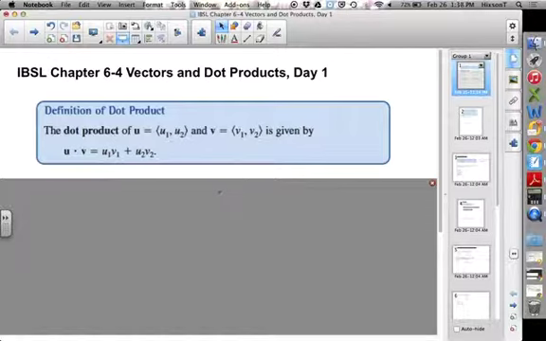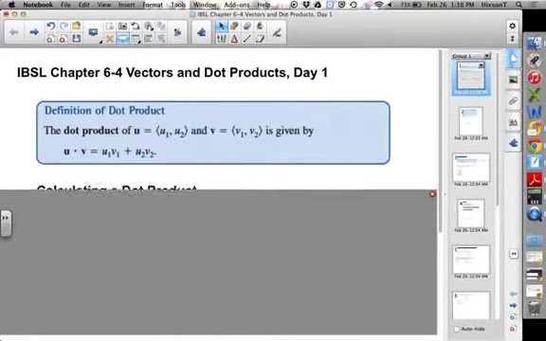It's kind of like when you did vector addition: you added the x components, you added the y components, but you end up with a vector. But here, you're multiplying the horizontal components, you're multiplying the vertical components, and then you're adding them together.